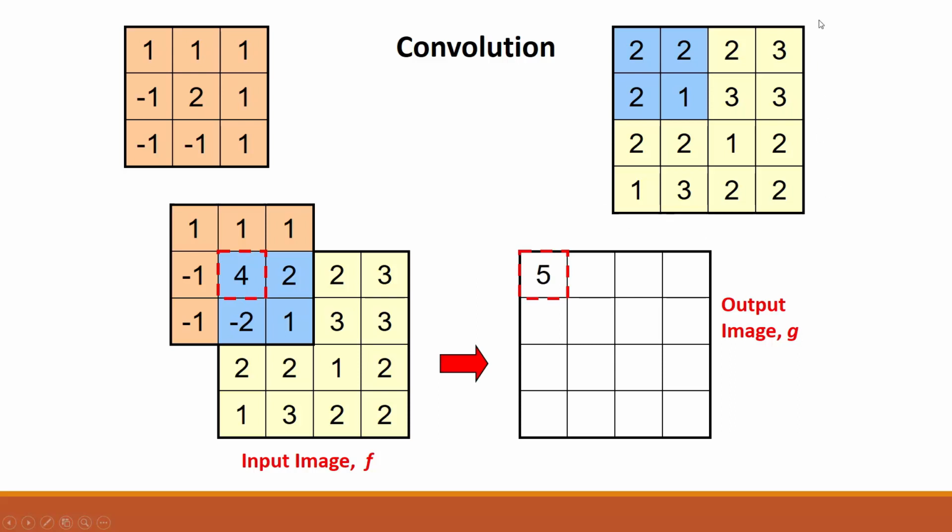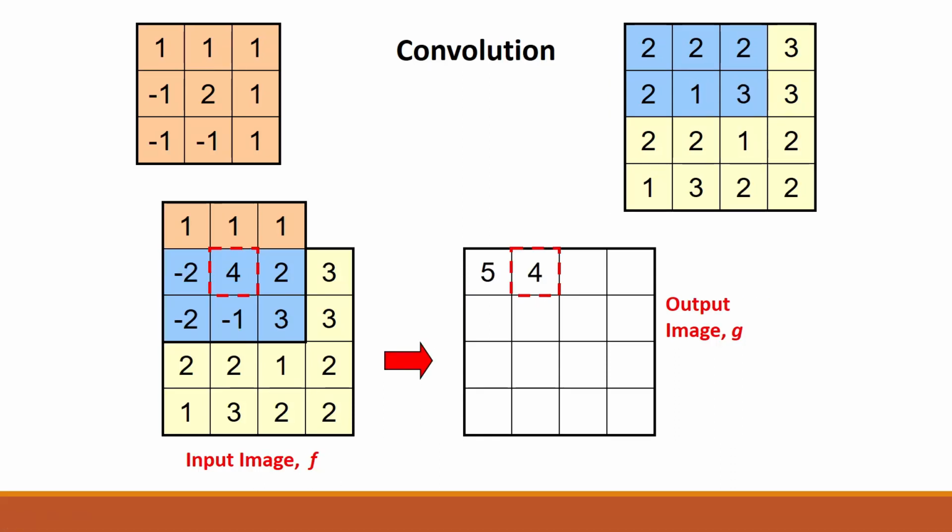So there is a 0 padding. 2 will multiply with 2, giving 4. 1 will multiply with 2, giving 2. Minus 1 will multiply with 2, giving minus 2. 1 will multiply with 1, giving 1. So 4 plus 2 is 6, minus 2 is 4, then 1 makes 5. Similarly, we scan this filter throughout the image, and we get an output image.